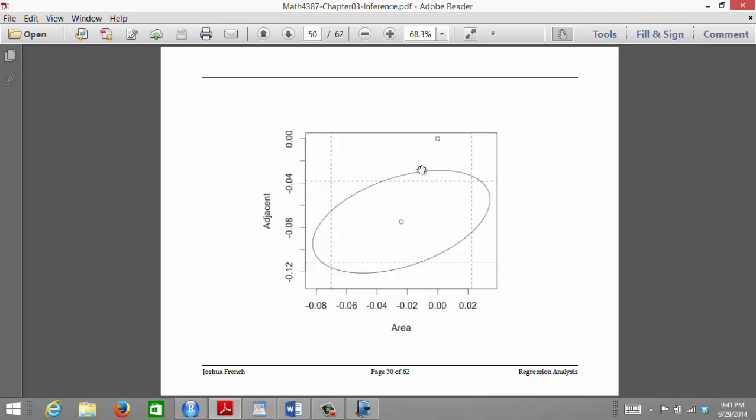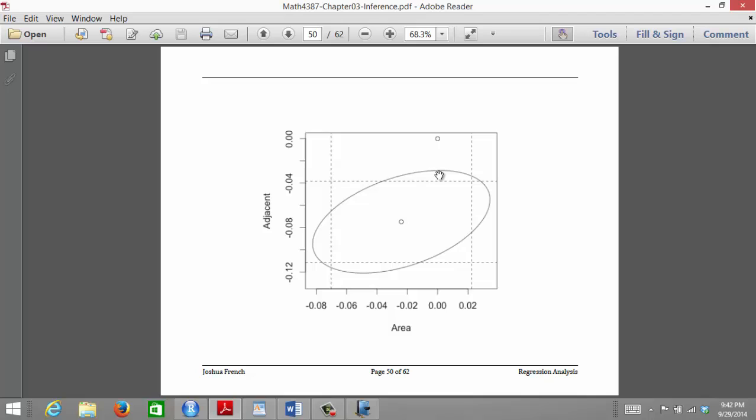And of course, it can work in reverse. So if the hand were right here, if this were the origin, we would say that it was reasonable for both regression coefficients to equal 0, because that point would be inside the simultaneous confidence region, but it would be outside this rectangle that intersects the two individual confidence regions. And so we don't necessarily have to get the same results for our simultaneous confidence region and our individual confidence intervals.